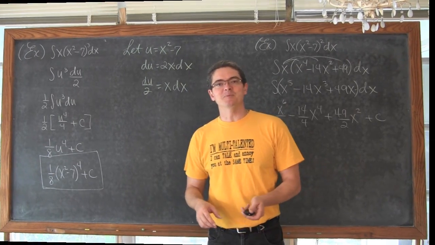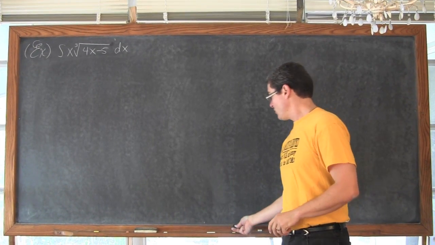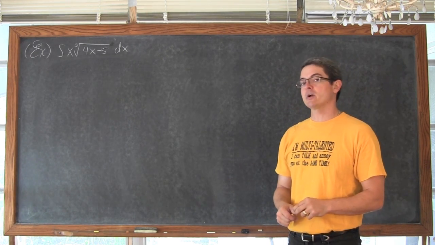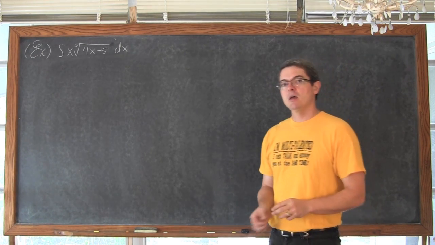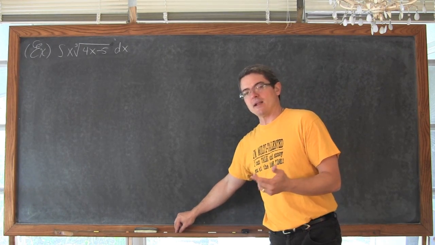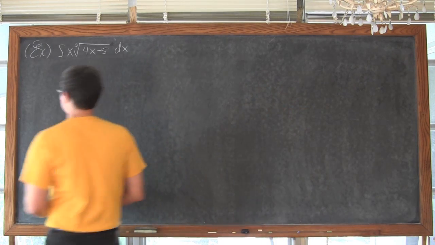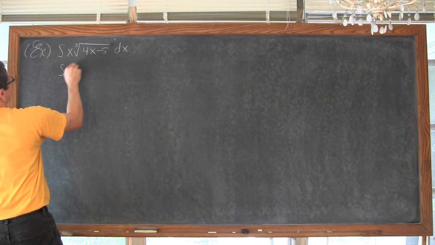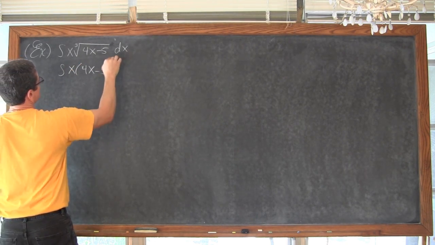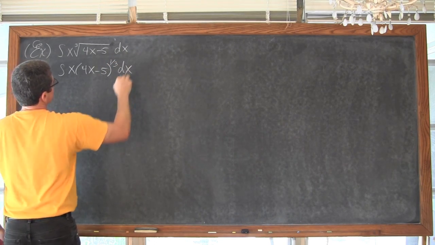Let's get to another example. Here's our next example. We want to find the indefinite integral of x times the cube root of 4x minus 5 dx. I don't like to work with radicals, so I'm going to rewrite this with a fractional exponent, and we have the integral of x times (4x minus 5) raised to the 1/3 power dx.